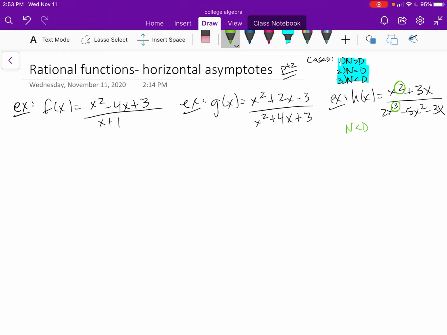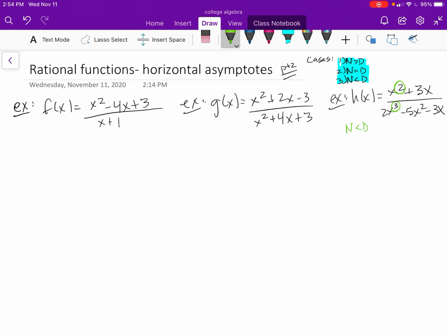I'm going to explain what the rule is and then why this rule exists as well to make sense of it, because I don't think it's something that you need to memorize. And for those moving on to trig and calculus, you're going to see this called something else, a limit as we go to infinity.